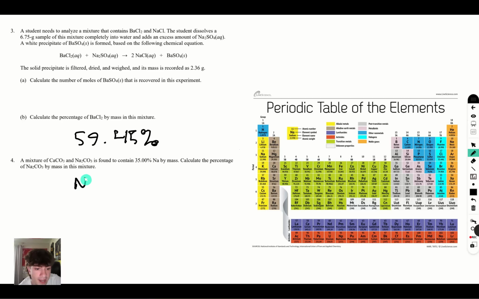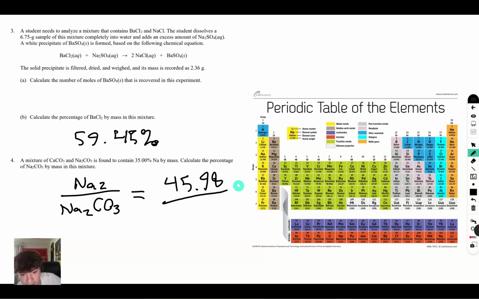So the way we do that is we take the sodium and divide it by the entire compound. And what you get is 45.98 divided by 45.98 plus 60.01.